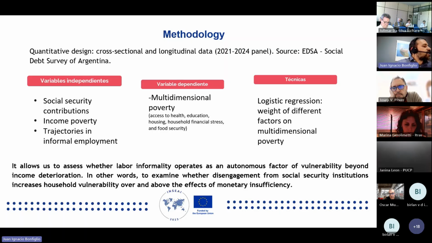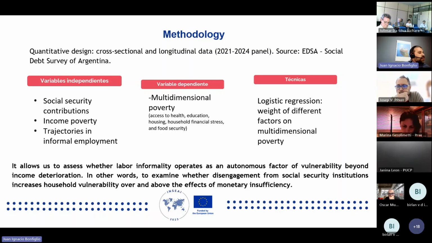This reflects elements such as the involuntary reduction of food portions, episodes of hunger due to financial constraints, households which have been unable to obtain medication, and housing-related elements such as inadequate materials, overcrowding, and sanitation deficits.